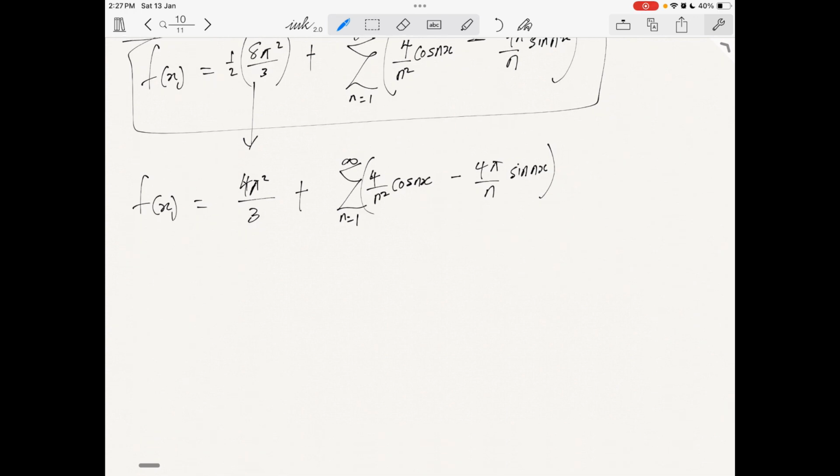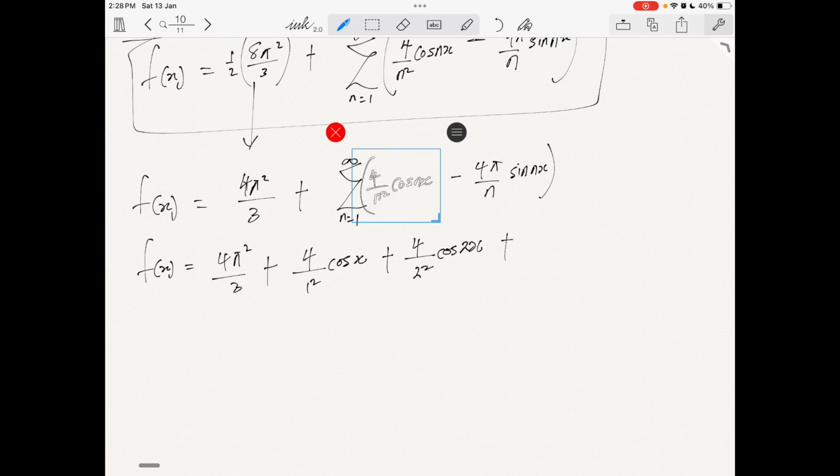Now, if we take them bit by bit, we have that f of x is equal to 4 pi squared over 3. So we start with this. When n is equal to 1, we have 4 over 1 squared cos x. When n is equal to 2, we have 4 over 2 squared cos 2x. Plus when n is equal to 3, we have 4 over 3 squared cos 3x.